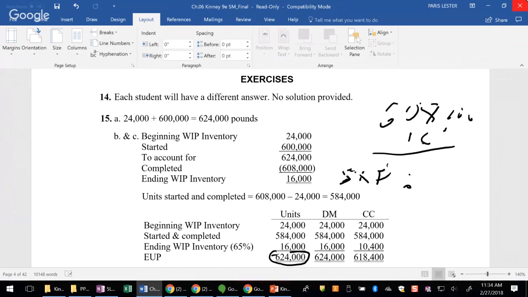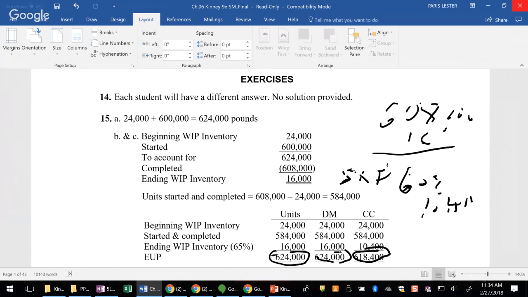Now here I would have taken 608 and I would have added the number we had there a minute ago, 10.4. And I'd have got the same answer they got here. And of course here. All right, but you can do it a third way.